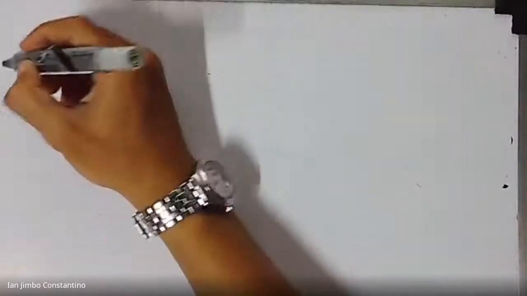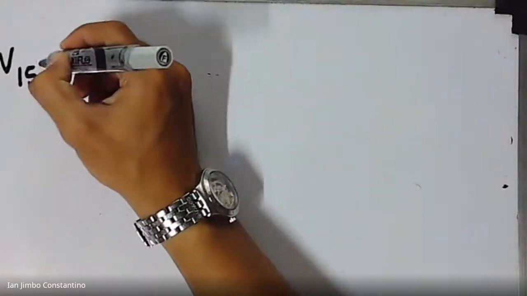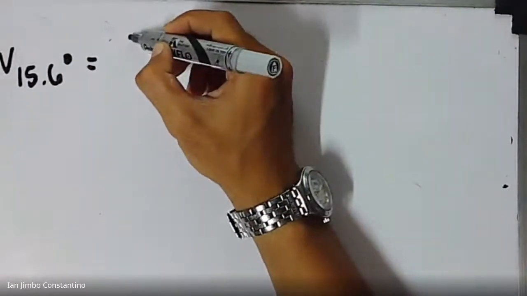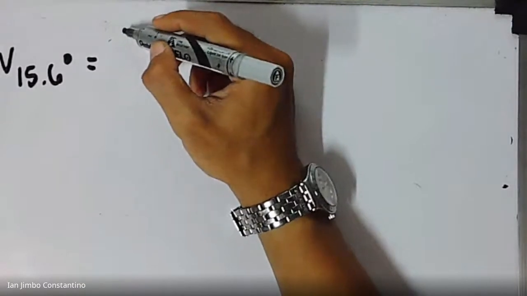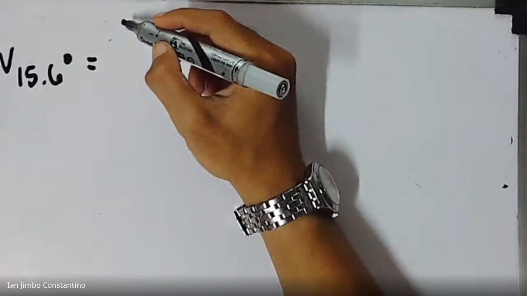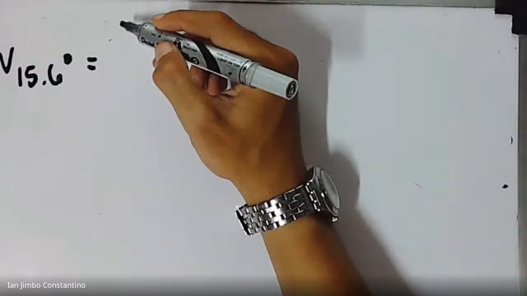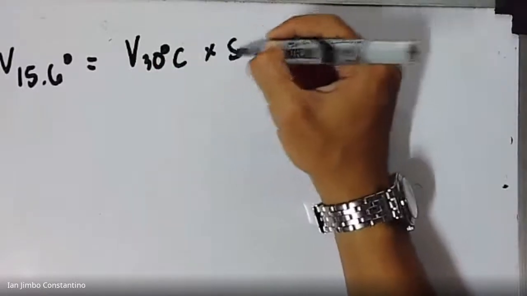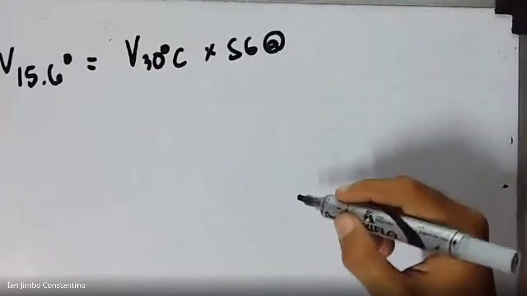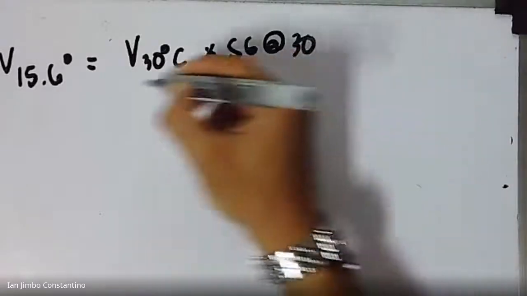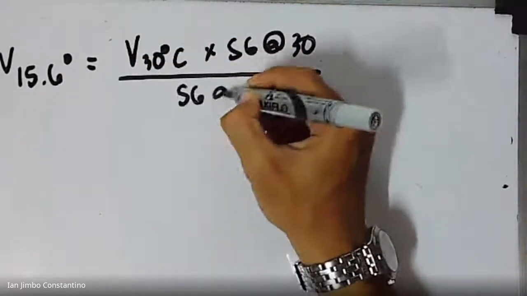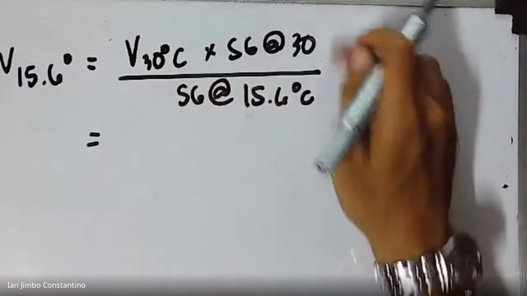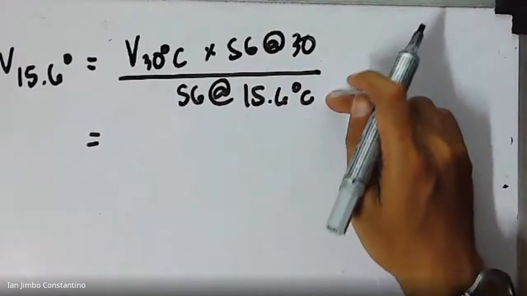So the volume at 15.6 degrees Celsius will be given by the formula: volume at 30 degrees Celsius multiplied by SG at 30 degrees Celsius, divided by SG at 15.6 degrees Celsius. Now you have the values for your SG, and then you have also the value for your volume.